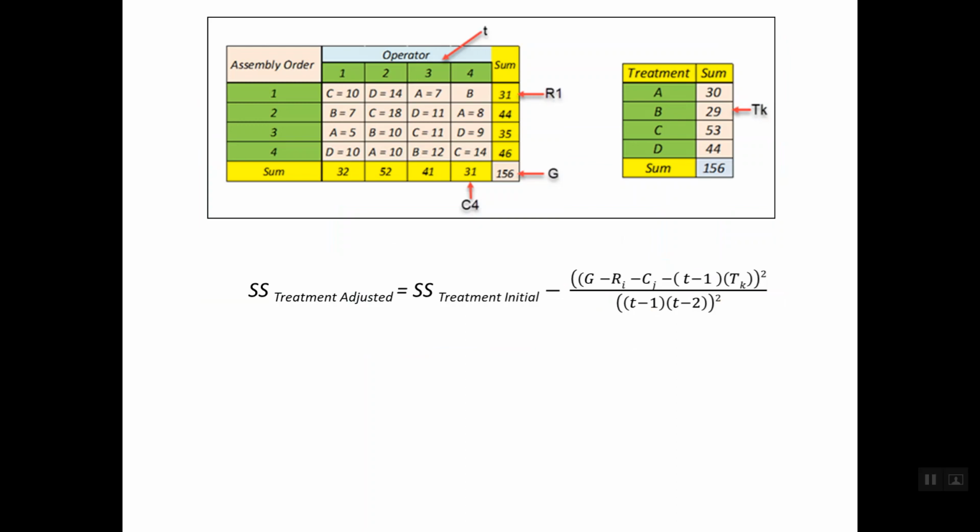First, for the SS for the treatments. This is the formula for the adjusted value of the SS for the treatment. It is simply equal to the initial value of the SS for the treatments minus some value.